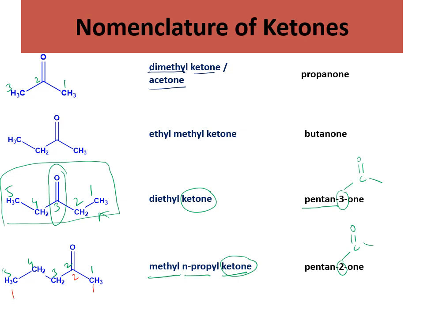If I number from the left-hand side, 1, 2, 3, 4, the fourth will be the position of the carbonyl. So we prefer the side which is near the functionality, giving a lesser number to the functionality. So we choose this side to start numbering.